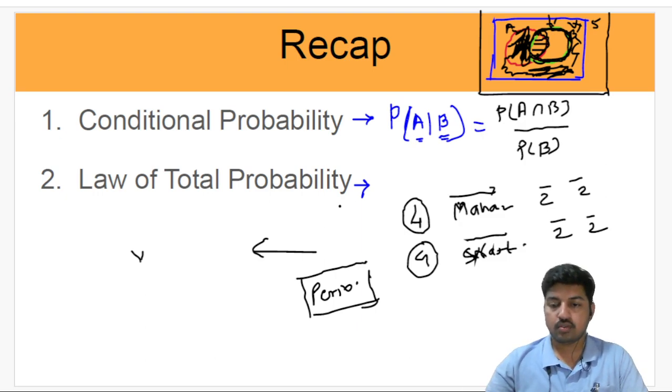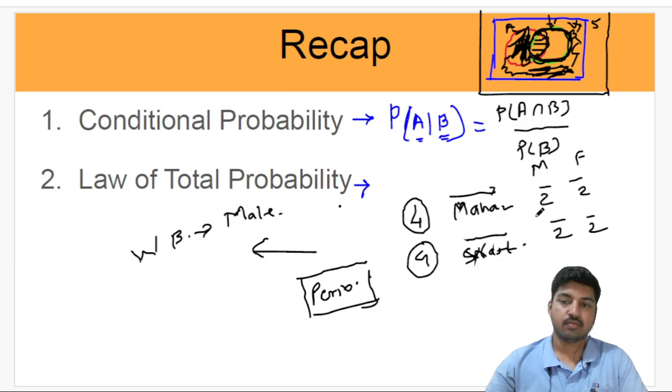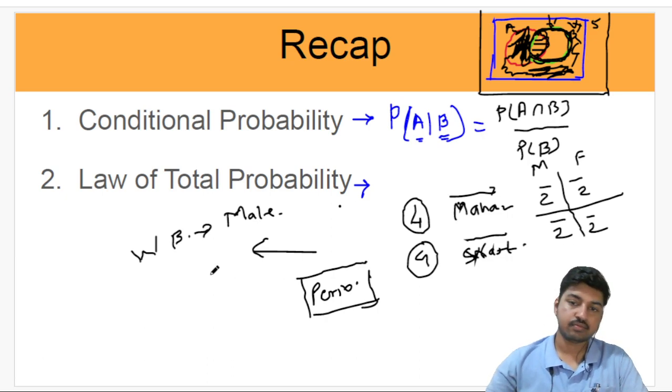Okay. So until then you can calculate that the person is selected randomly. He is from West Bengal. Now, what is the probability that the person will be male? Calculate that. You got my question? You can give a try.